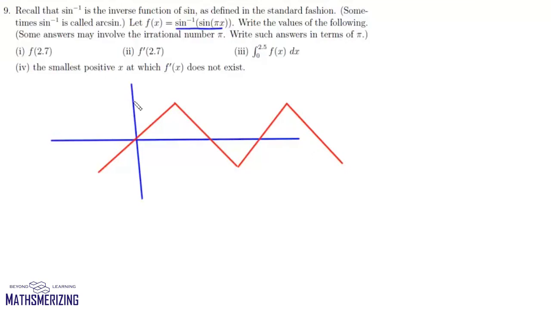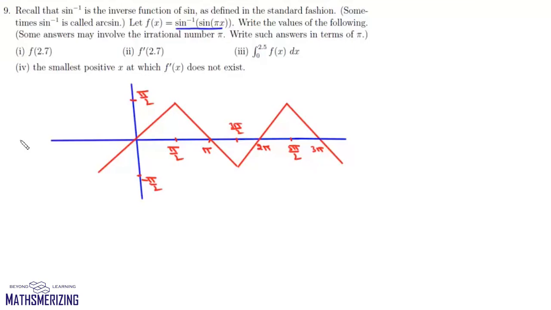Now this is pi by 2 and this is minus pi by 2. This is pi, 2 pi and 3 pi. This is pi by 2, 3 pi by 2 and 5 pi by 2. Now this is the graph of sine inverse of sine x.